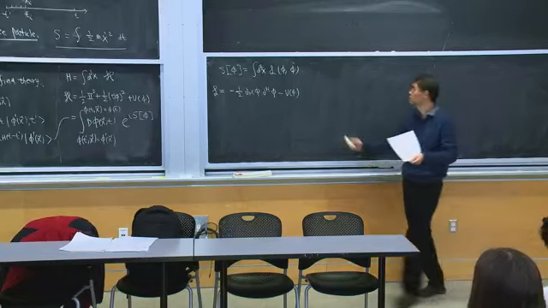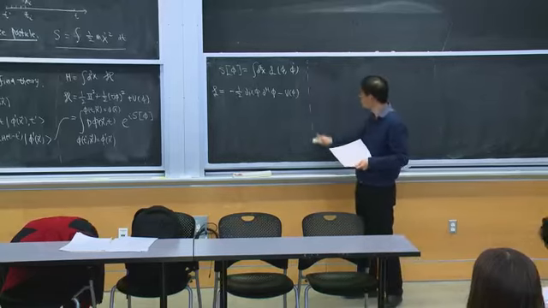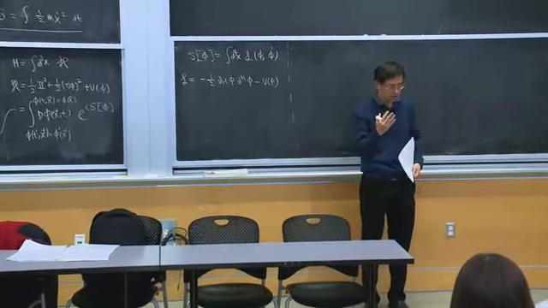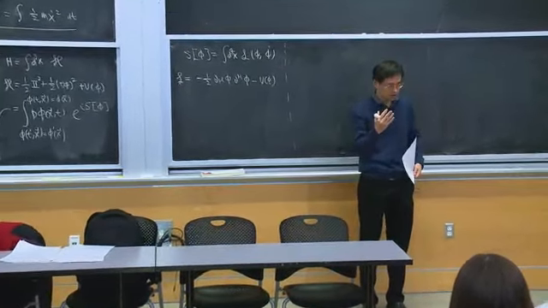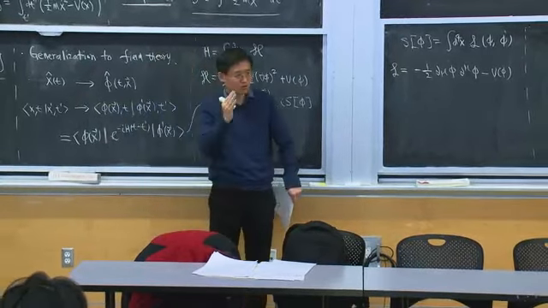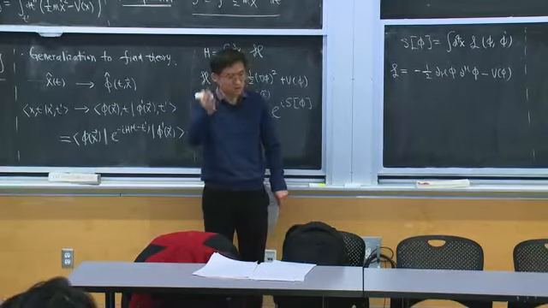Good? So whenever you get confused about the path integral in field theory, try to translate into the language of a single particle by doing this kind of replacement, and then you will be able to settle your problem.